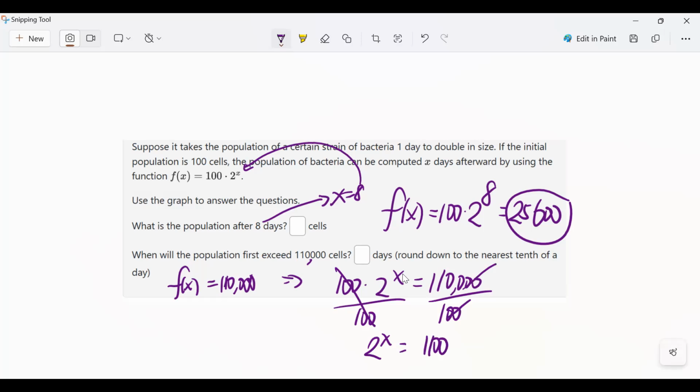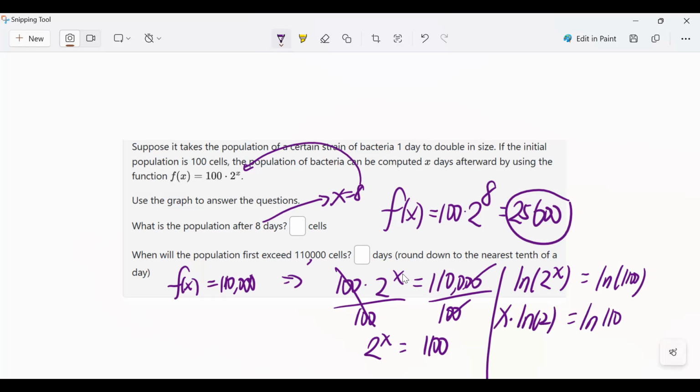Very similar, you take the ln of both sides of the equation. Then x goes in front, and we get x times ln of 2 equals ln of 1100. Divide both sides by ln of 2. x equals ln of 1100 divided by ln of 2.